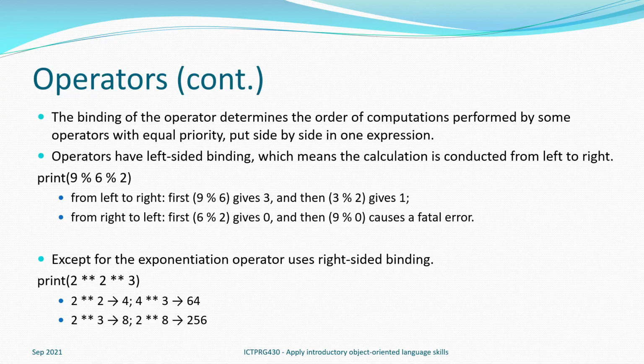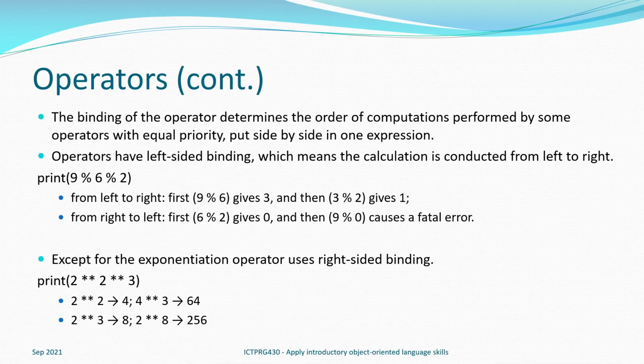If we do it right binding, that's 6 remainder 2, which is 0. And then when we go 9 divide by 0 to get the remainder, that produces an error because we're dividing by 0. Quite a different output.